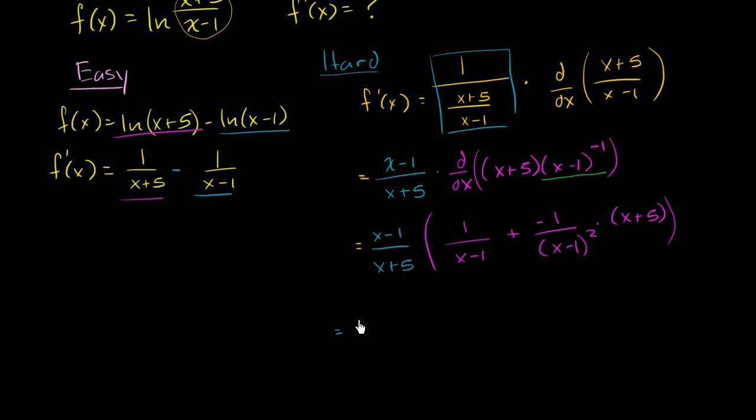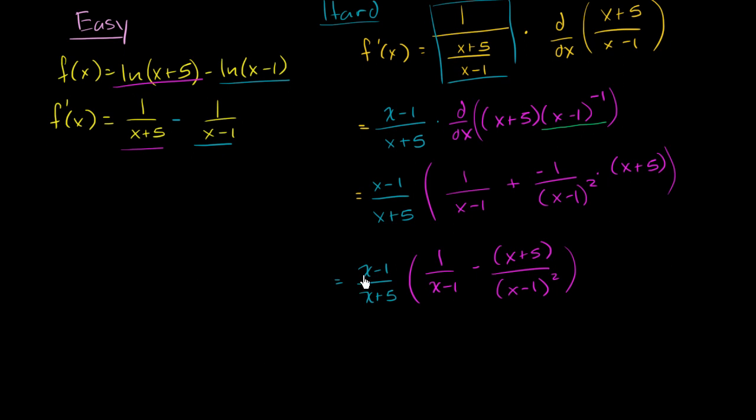So this is equal to x minus 1 over x plus 5 times 1 over x minus 1, minus (x plus 5) over (x minus 1) squared. Now let's think about what happens when we distribute this. When you distribute this times that, this numerator cancels with that denominator.